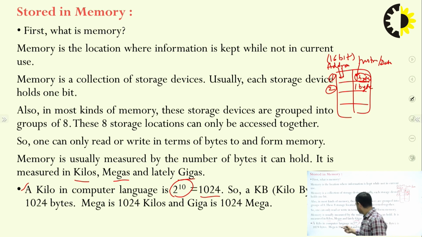So 1 kilobyte is equal to 1024 bytes or 2 to the power 10 bytes. In mega we say 1024 kilobytes. So very simply, we can understand it this way.